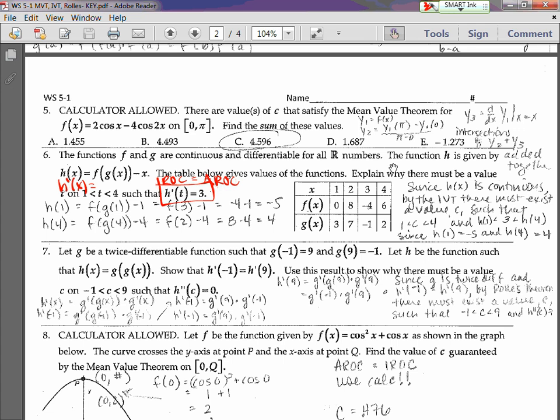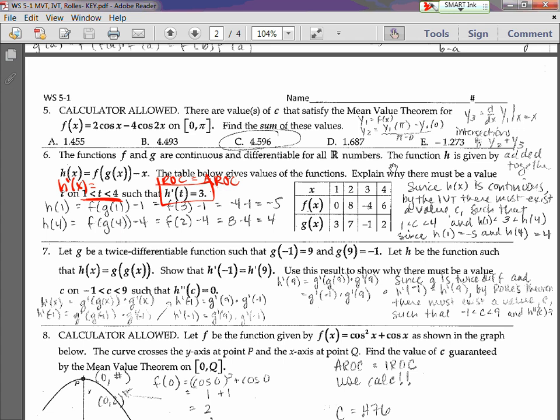Write out what that function is, and then do your average rate of change using the information from our chart here. So we're doing the average rate of change on the interval 1 to 4. So you need to find h of 4 minus h of 1 over 4 minus 1. When you do that, you find that your average rate of change does end up being 3 there, so we can guarantee that. Okay, that was a side note, sorry.